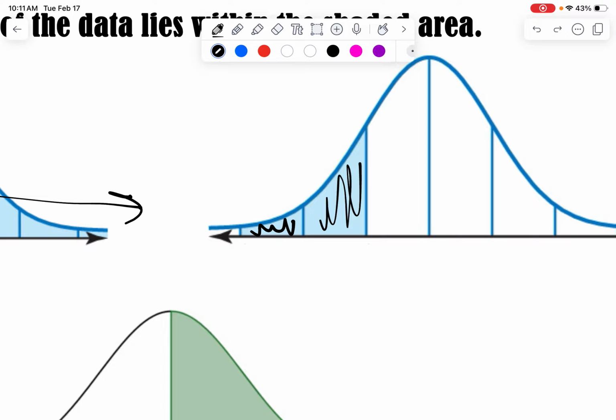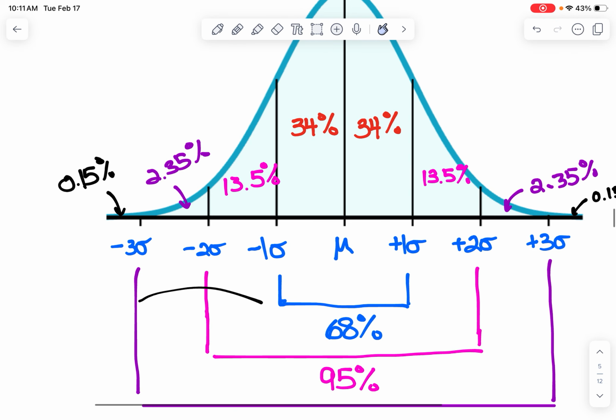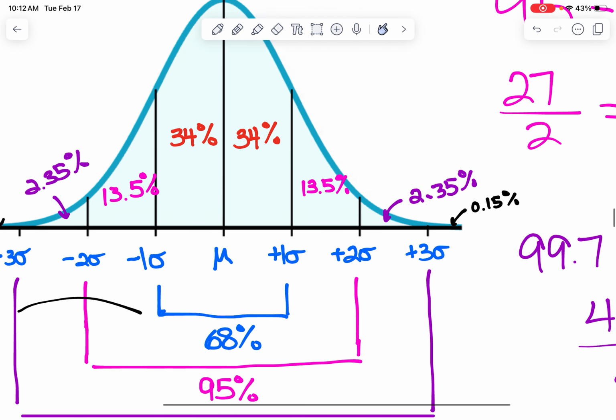Okay, so this section is 13.5%, and this is 2.35 if we refer to our previous slide, right? Take a look. There we go. Yep, right here.